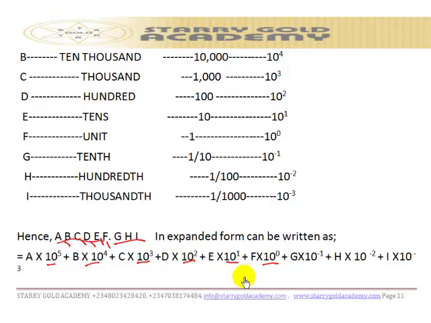Now crossing over to the decimal part, your tenth, G times 10 raised power minus 1, H times 10 raised power minus 2, your thousandth, I times 10 raised power minus 3.